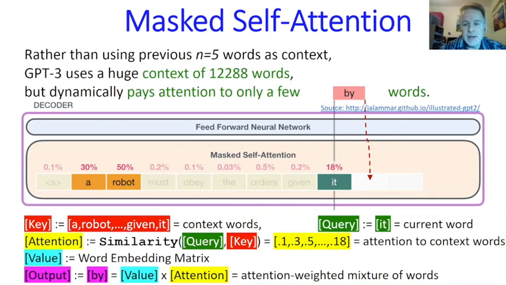So that's a real problem. The self-attention mechanism does the following: it looks at a potentially much larger context, and in the case of GPT-3, it's more than 10,000 words. But then it pays attention just to a couple of words. You see here, it looks at a so-called similarity, or maybe one should better call it a relationship between the words, because "it" and "robot" are not really similar, but it is a mathematical similarity relation.